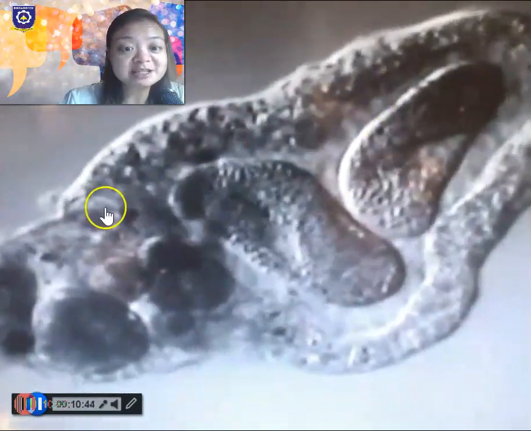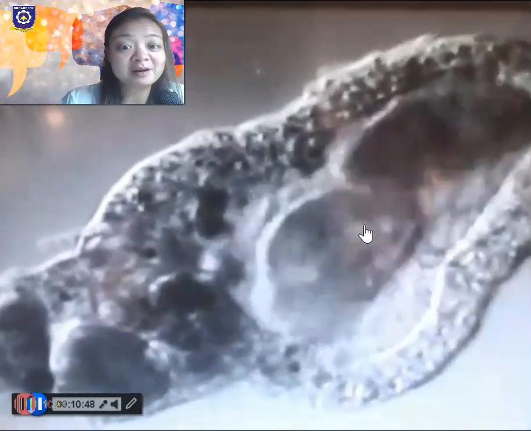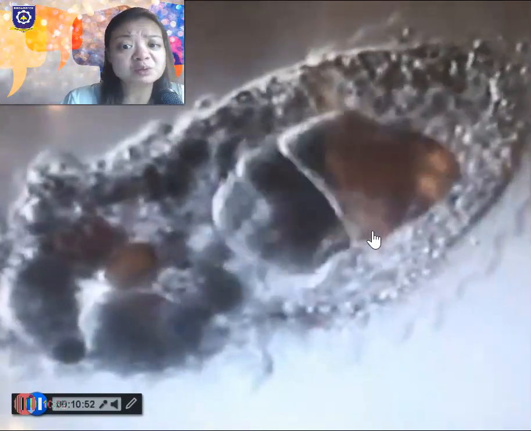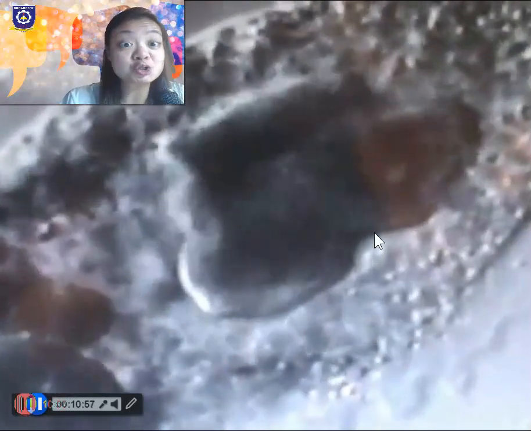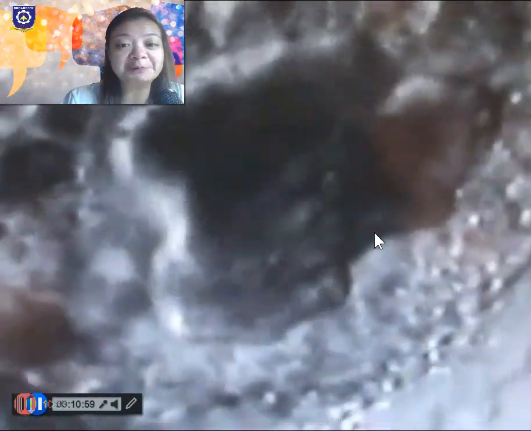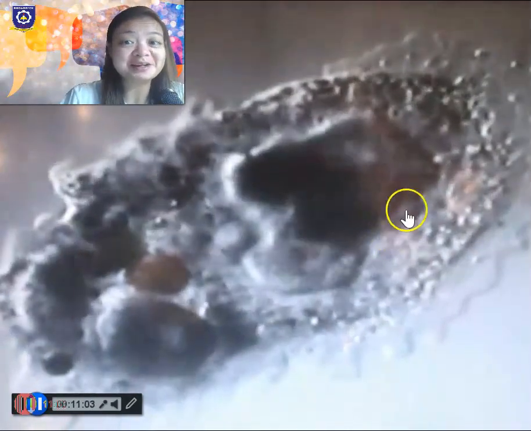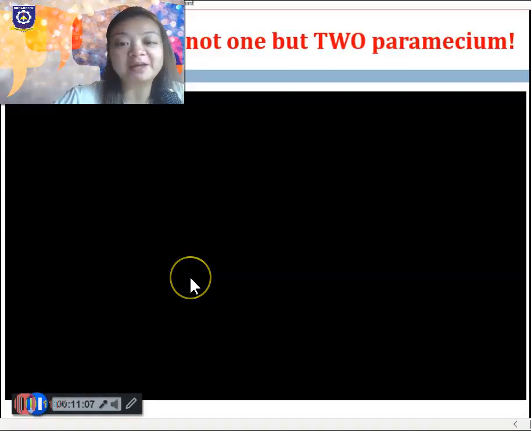And you can see it's made up of only one cell, and now it's digesting the paramecium. So this is quite an interesting thing, and you can't see this with your naked eye. You can only see this in a microscope. Looks actually quite scary, but this is an amoeba, and this is a unicellular organism. Alright, so let's move on.